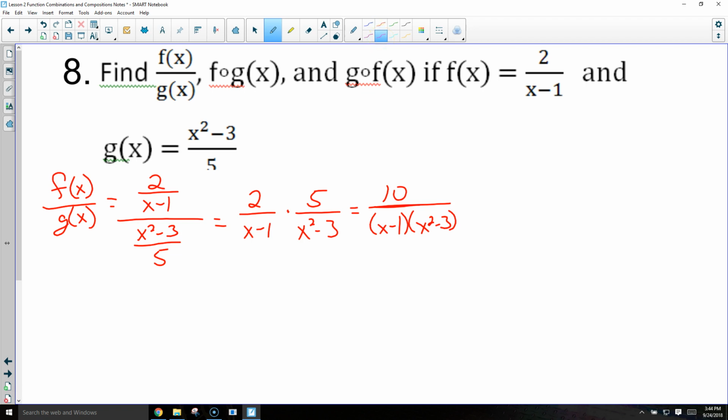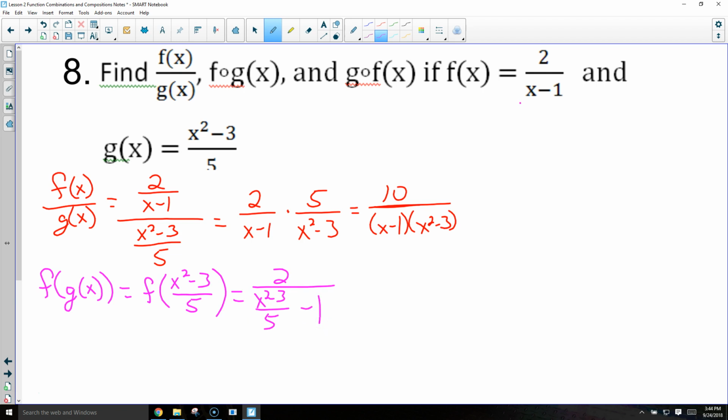Find f composed of g of x. So f of g of x, that's going to say to take f of x squared minus 3 over 5. So in my f function, I want to replace the x with x squared minus 3 over 5.